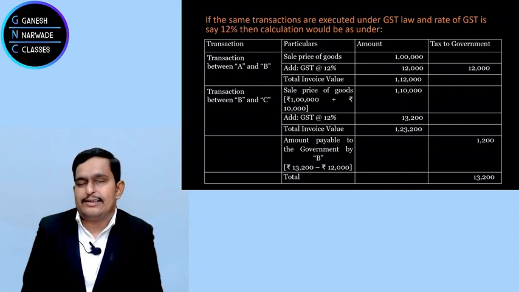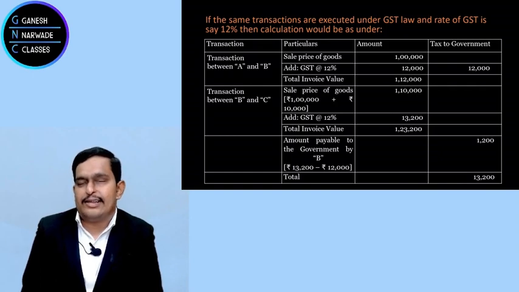So 13,200 is the GST between B to C. Now you understood, only 13,200? Yes, only 13,200. Now what B will do is he'll collect 1 lakh plus 10,000 plus 13,200 from the customer. How much happened? 1 lakh 23,200.